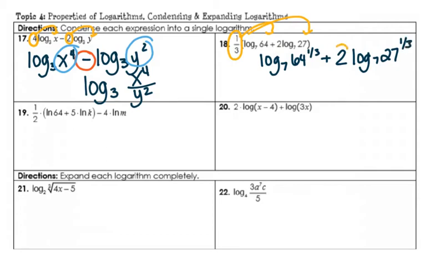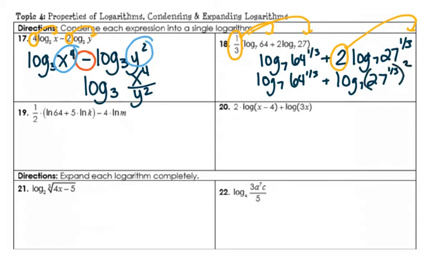Alright, so notice there's also another one, so we can move that one as well. So we have log base 7, 64 to the 1/3, plus log base 7, 27 to the 1/3, and then squared. Alright, and now we're gonna condense this.